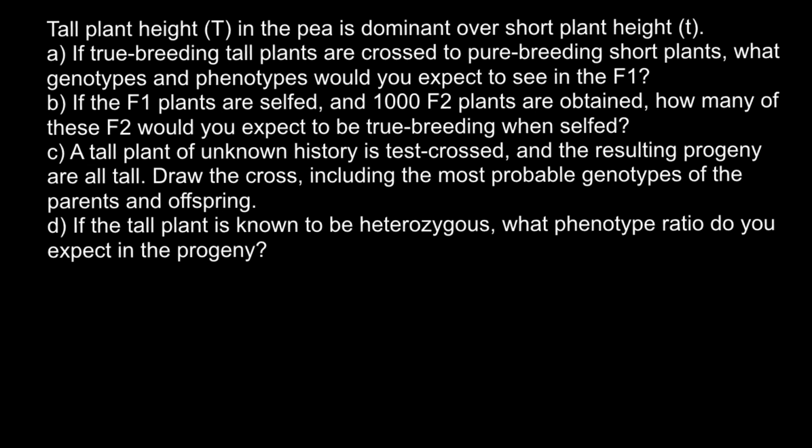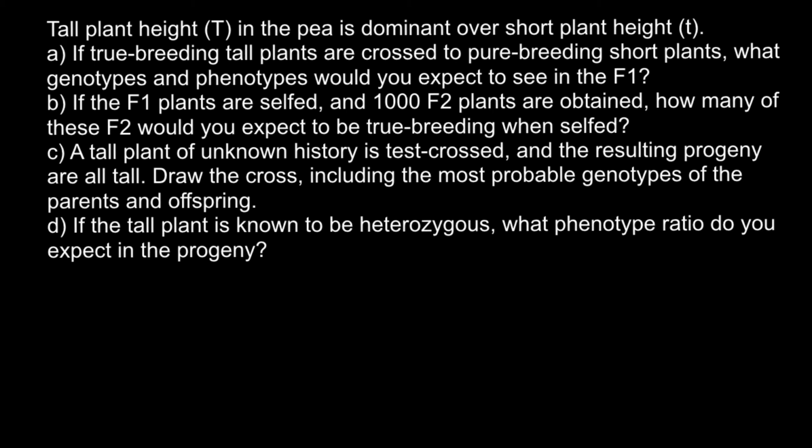In order to escape confusion, let me go over the terminology first. True breeding and pure breeding mean the same thing. This means that when we take, for example, a tall plant, self-pollinate it, in the next generation all plants are going to be tall.